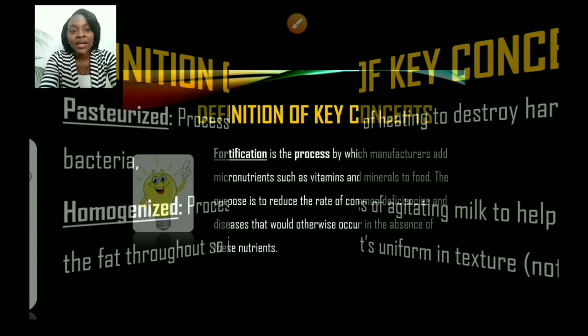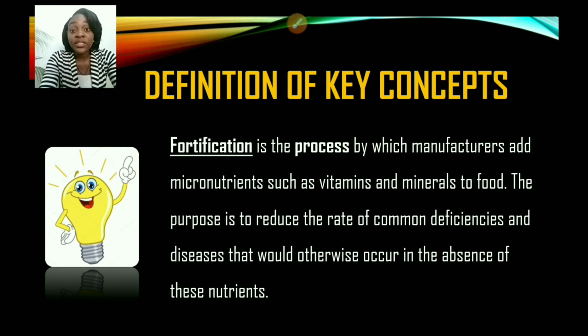Good. All right. Now let us look at fortification. Fortification is the process by which manufacturers add micronutrients. And what are micronutrients? Such as vitamins and minerals to food. The purpose is to reduce the rate of common deficiencies and diseases that would otherwise occur in the absence of these nutrients.